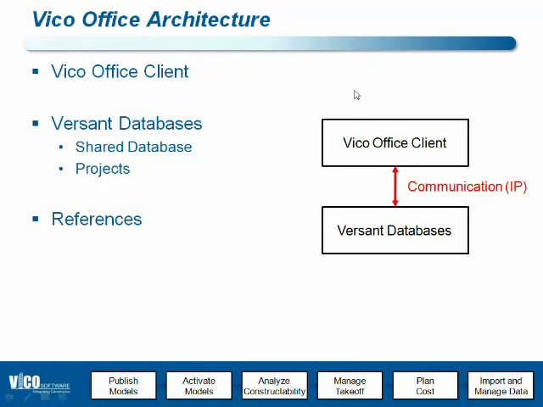Now there is a whole separate piece of Vico Office, which is the Versant databases. That's a separate layer. And in order for Vico Office to present the data that is saved in the databases, so your project data, all the shared information, it needs to communicate through a TCP IP protocol.